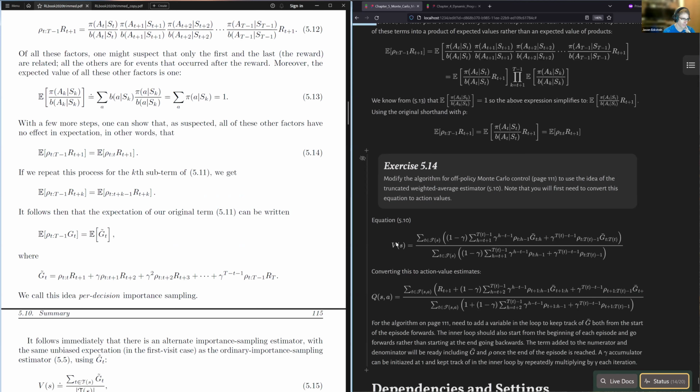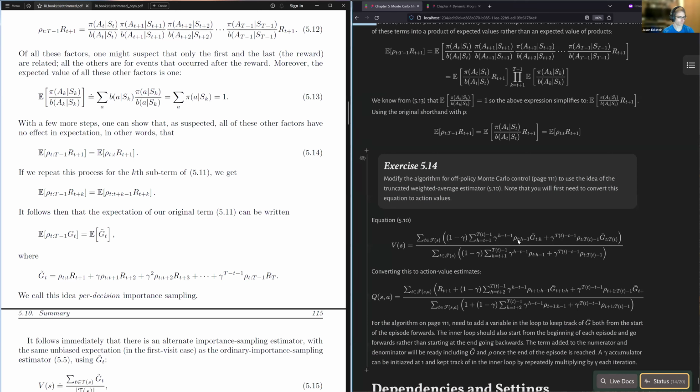It's just updating something from state values to state action values. And I don't think there's much to it, other than changing the time steps to keep track of the state action visits, and also not using the importance sampling ratio for the first action that is taken.